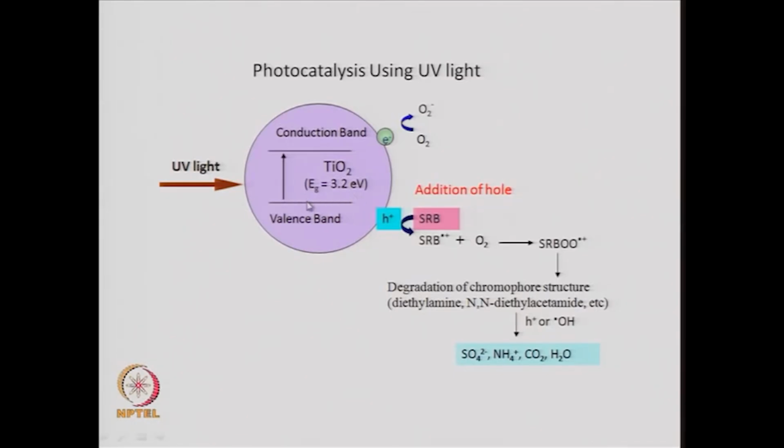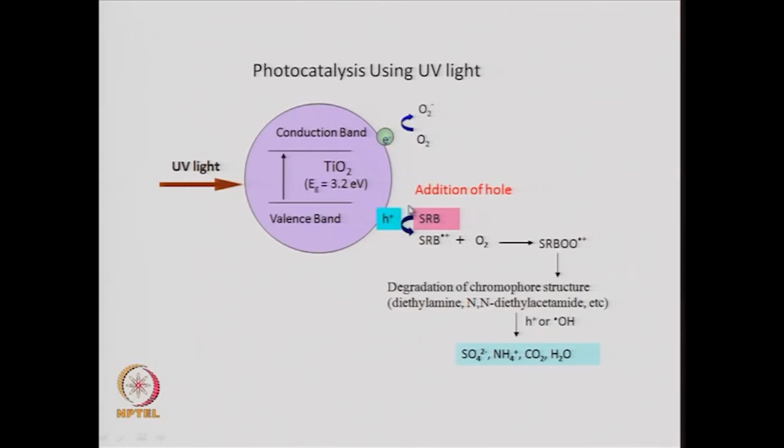So, 3.2 electron volts is in the ultraviolet, and so you will have electrons generated in the conduction band and holes in the valence band, and this electron can then reduce oxygen, and this hole can then act on the dye.